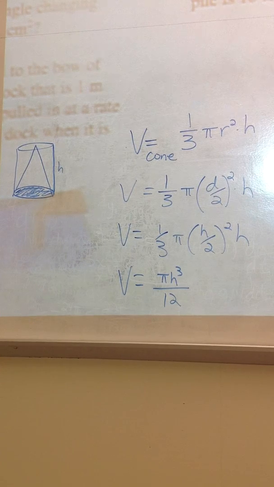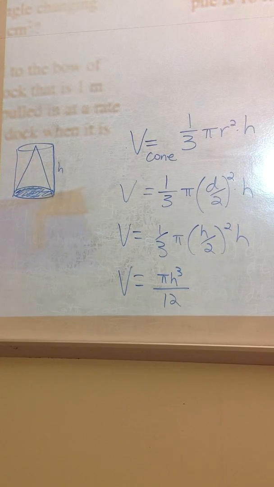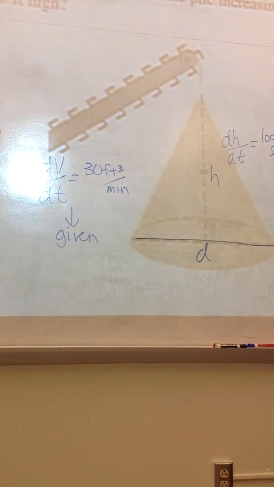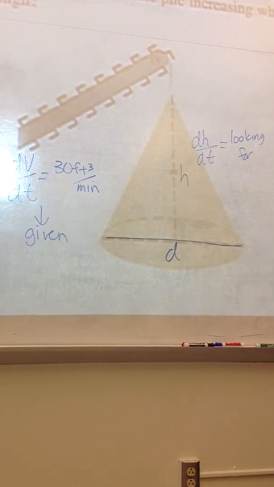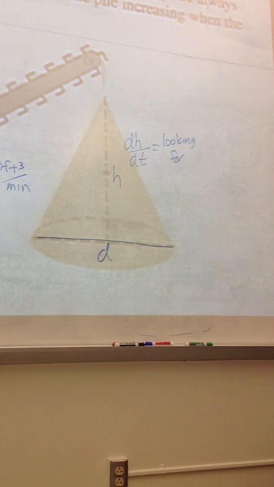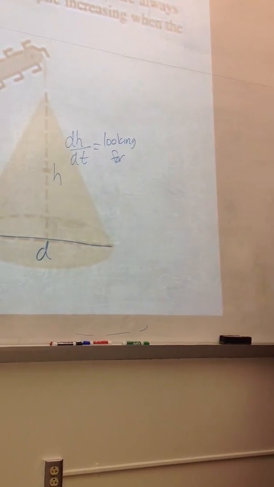As time changes, the amount of sand changes, so the volume changes and the height changes. The diameter changes too, but I've already built that into the formula. So V is a function of time, h is a function of time.